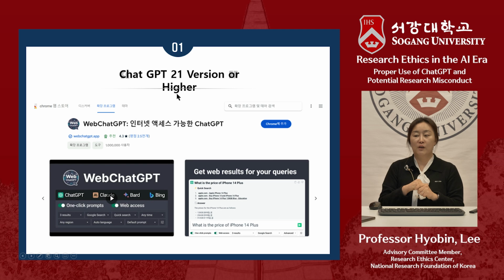But if you don't like that, or if you want a more updated version, then you can plug in WebChatGPT. So internet access is possible. Google WebChatGPT, then you can see this screen, and you push this button, add to Chrome. If you go back to ChatGPT, you can see this web access and one-click prompt.